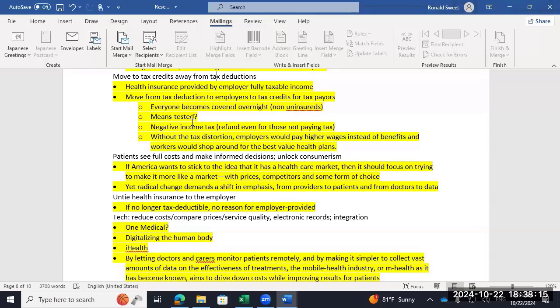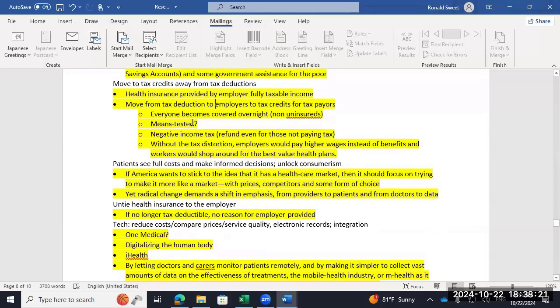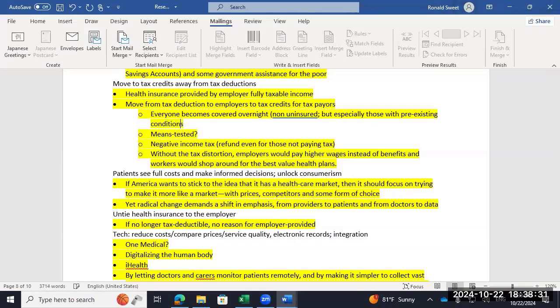You overnight have everyone covered. And that's the key with pre-existing conditions. So I'm going to add to this, not only uninsured, but especially those with pre-existing conditions.